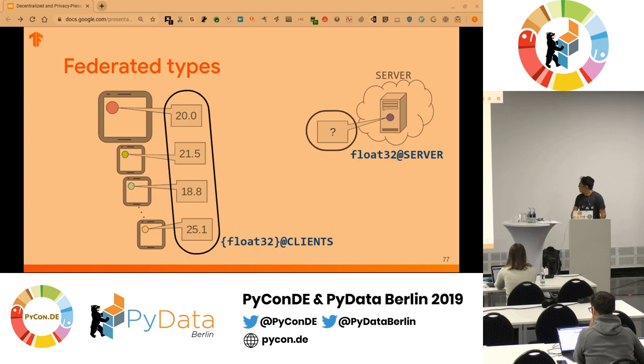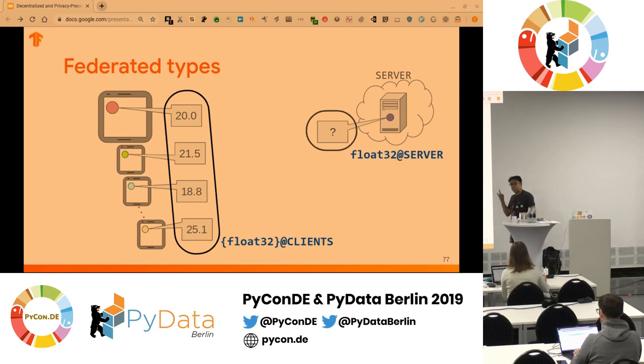Whether it's that problem, or if you want to find the average temperature across clients, the key thing here is that there is one value at the server that we want. So when you're building this computation, you have to represent that value at the server, and that's written as float 32 at server.